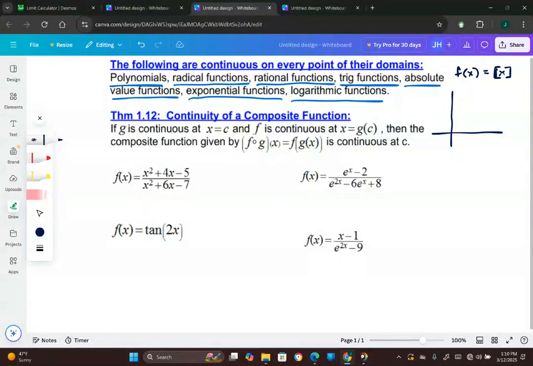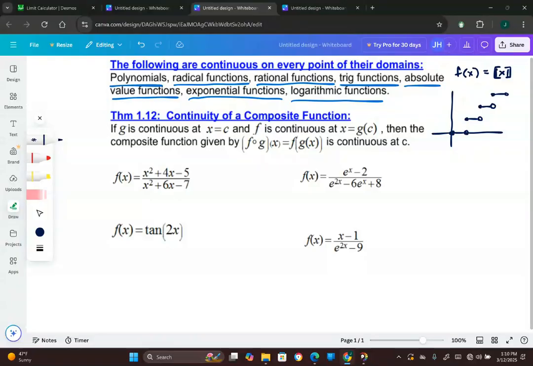Sometimes it will have double bar brackets on it. It starts at 0, goes to 1, but then jumps. It always goes closed to open, closed to open, closed to open. It jumps at every integer. And here's the thing: the domain of this is all reals, but it has a discontinuity at every integer. This function is not continuous on its domain.